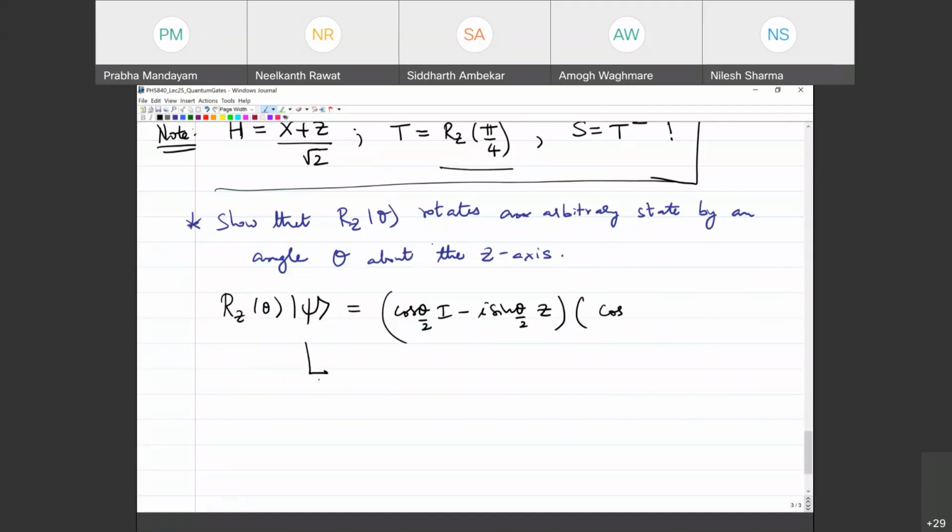So I'm going to represent the Bloch vector notation for psi as cos alpha by 2 |0> plus e to the i phi sine alpha by 2 |1>, instead of using the usual theta that we use. Then you can easily check this.